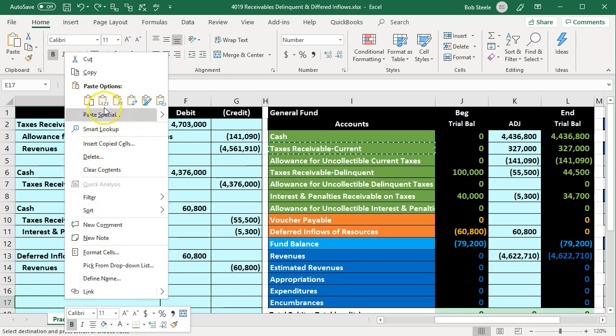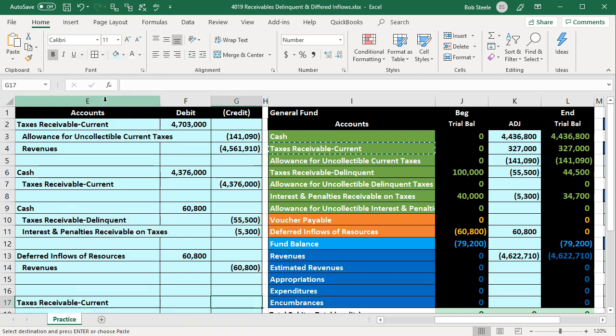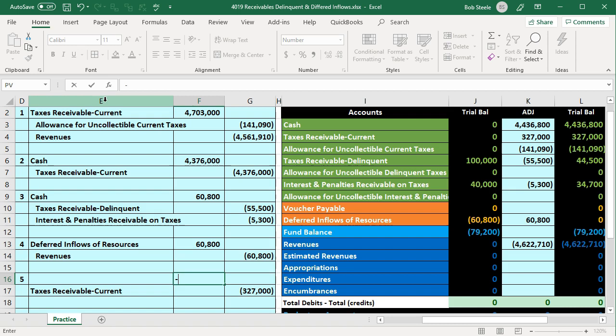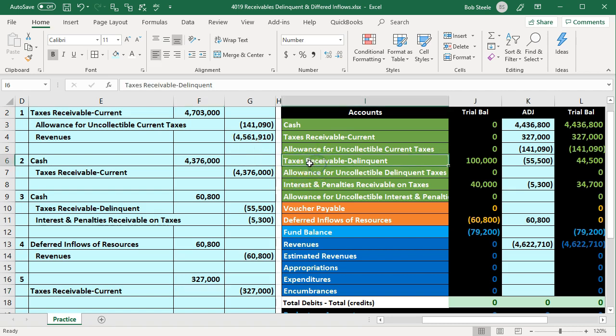So I'll right click and paste it. It's going to be a credit of whatever's in there, the 327. And then we're going to debit the 327, and it's going to go into the delinquent receivables, this item.